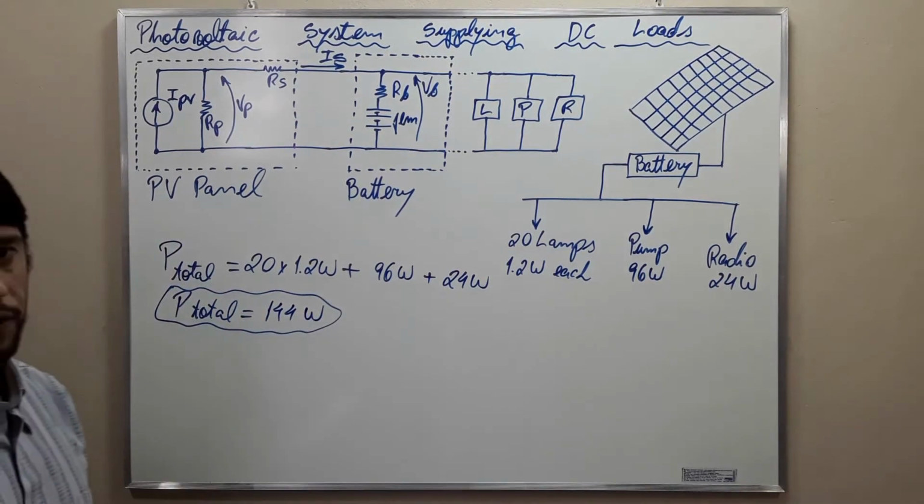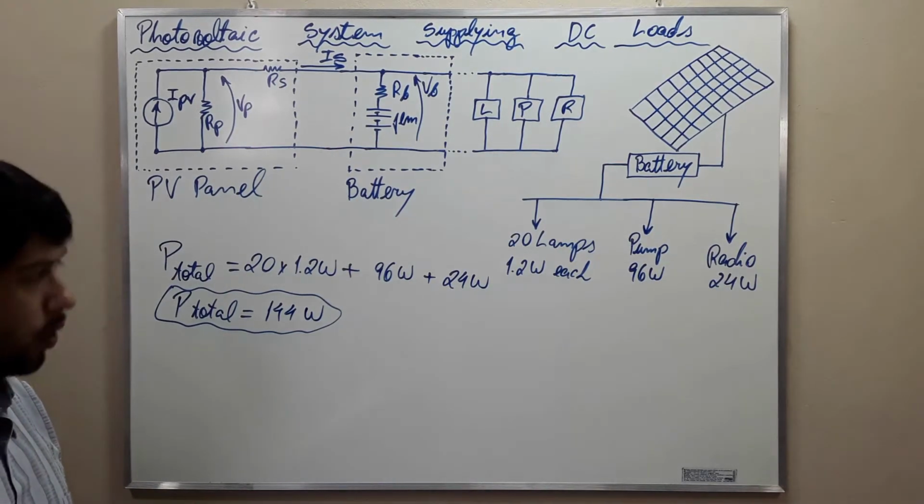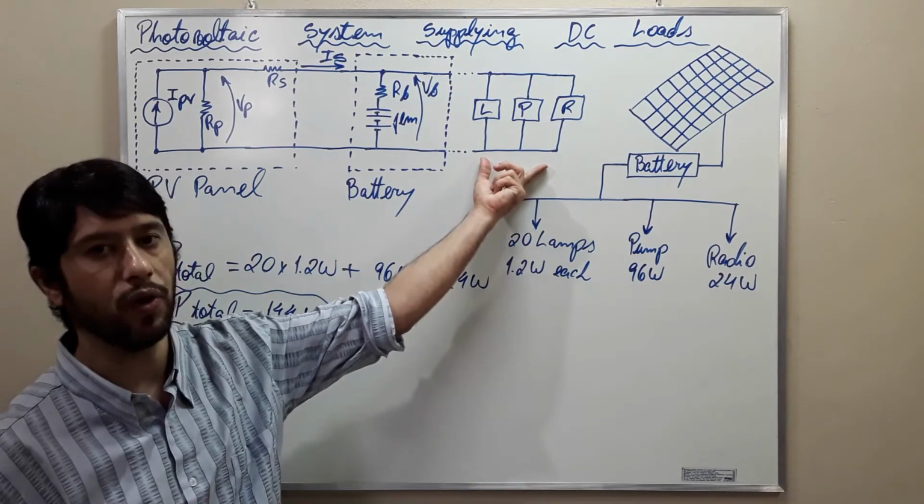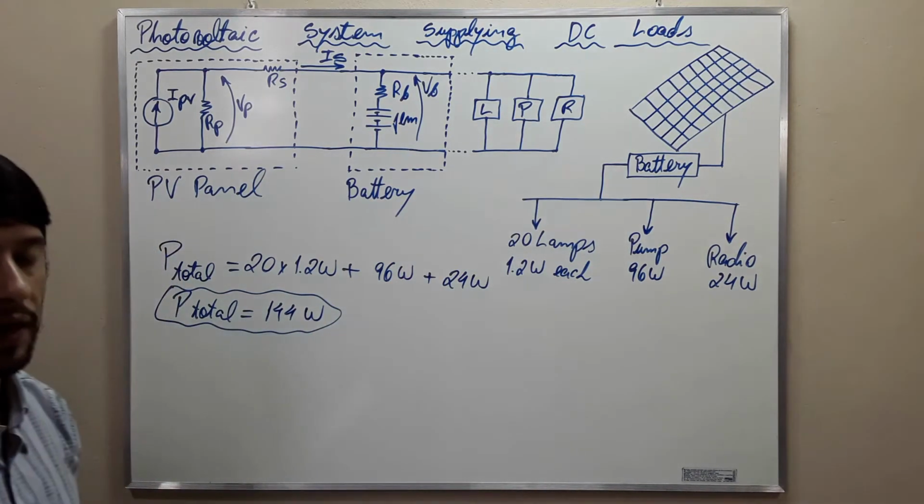We are going to need this result. What we want is the equivalent resistance of this parallel connection here. And how do we get it?